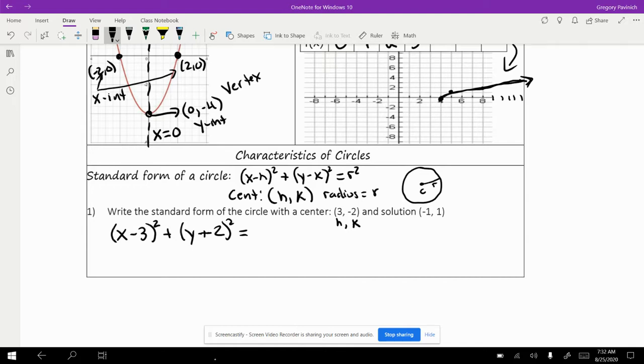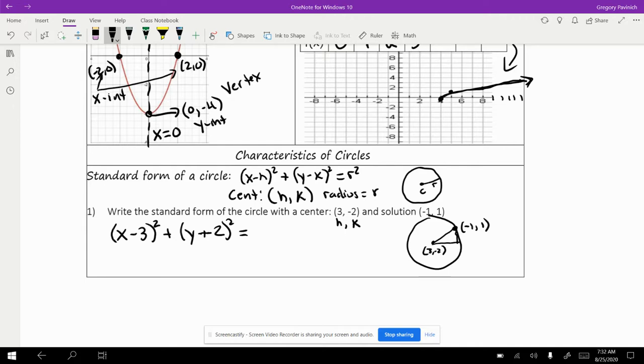Well, if I know the center is 3, negative 2, and I know a solution is somewhere almost here, and I want to find the radius, well, it's going to be the distance between those.